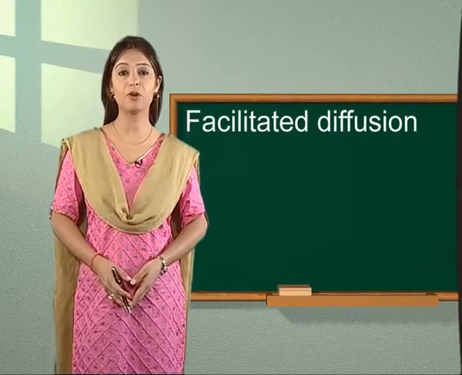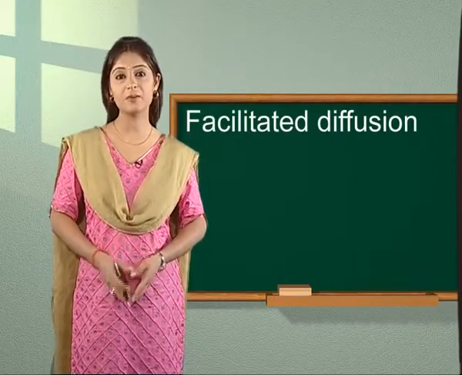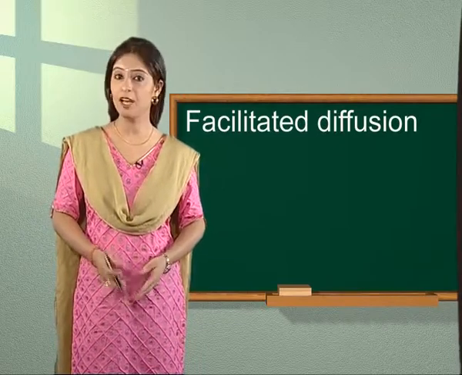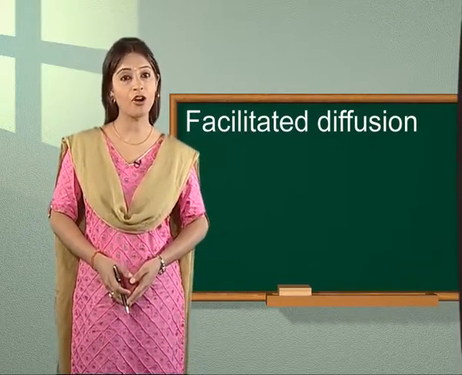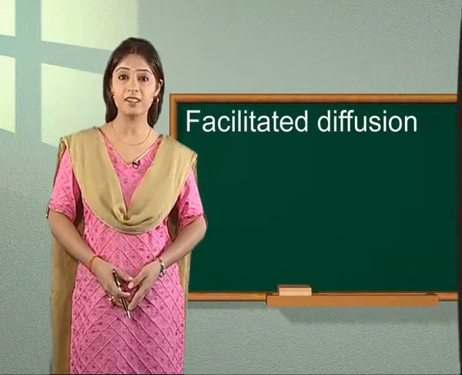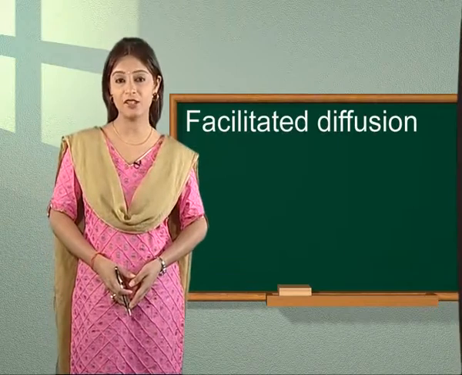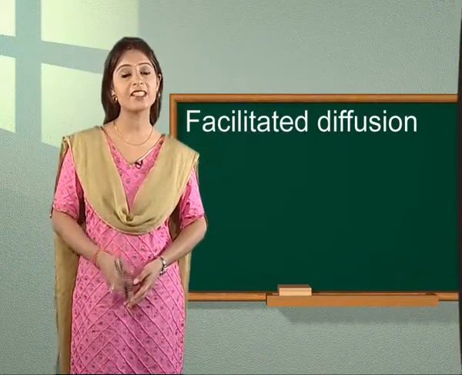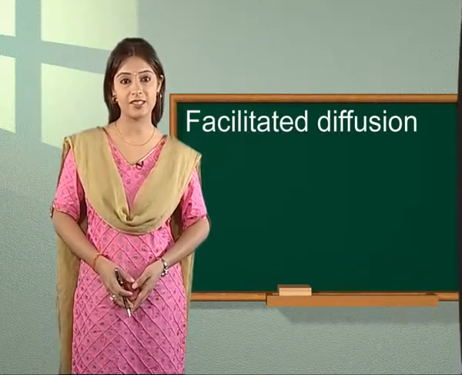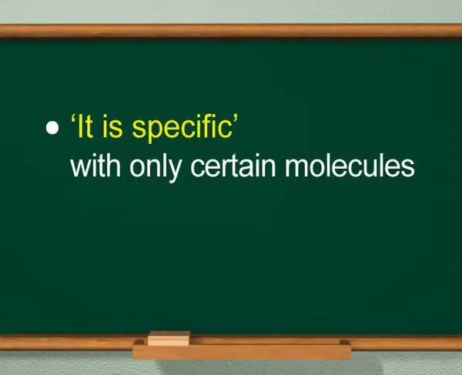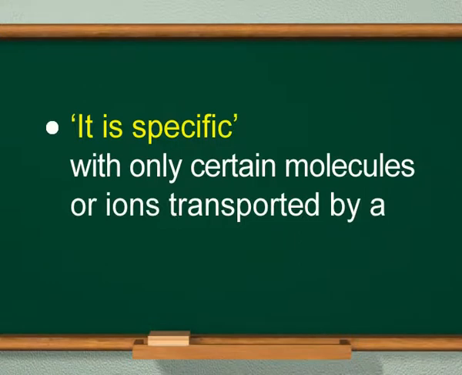Facilitated diffusion provides the cell with a ready means of preventing the buildup of unwanted molecules within the cell or of taking up from the external medium molecules that may be present there in high concentration. It has three essential characteristics. It is specific, with only certain molecules or ions transported by a given carrier.